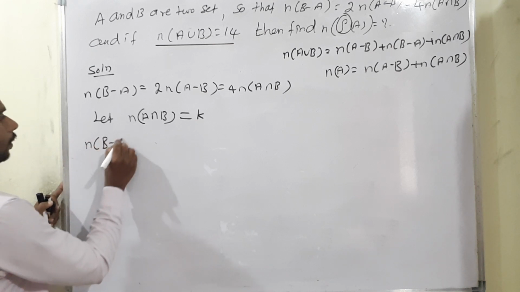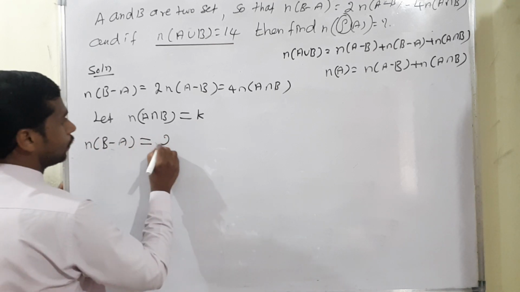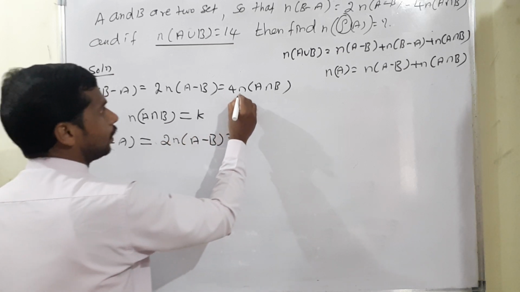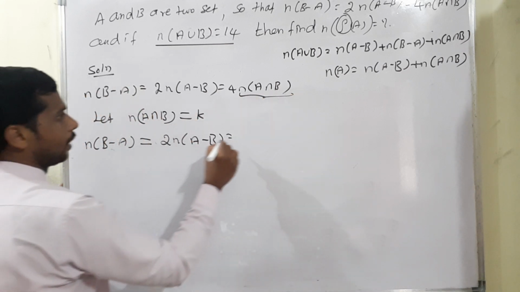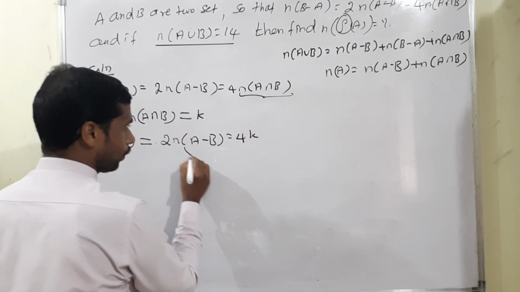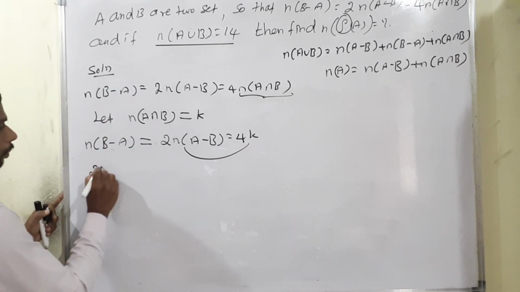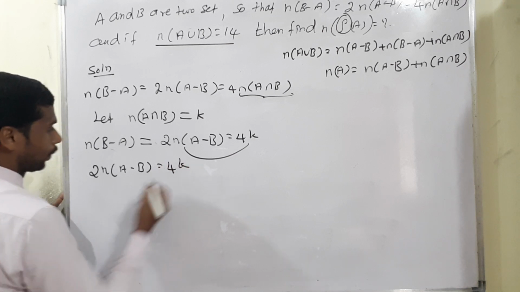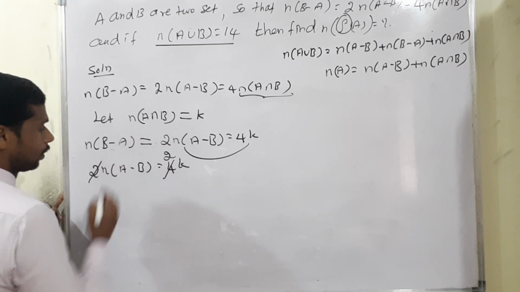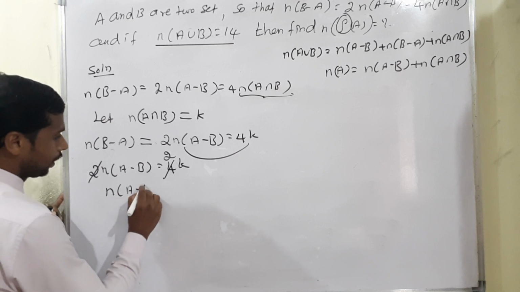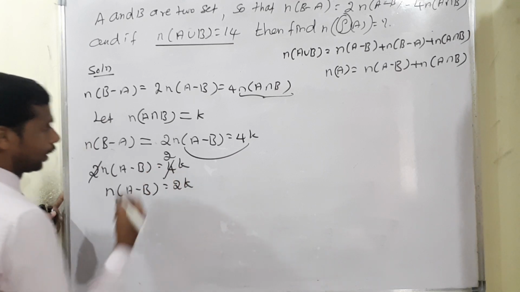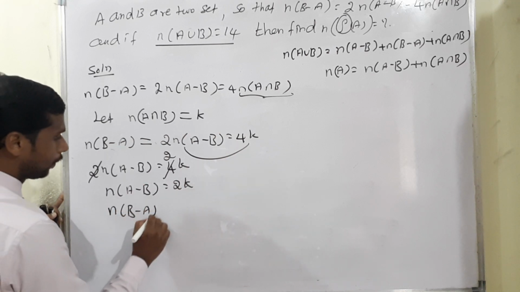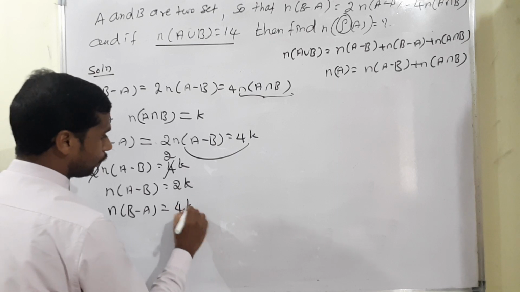Number of B minus A is equal to two times number of A minus B, is equal to 4 times K, therefore we can write 4K. Just equating second and third: two times number of A minus B is equal to 4K, and 4 is how many times of 2? 2 times. Therefore, number of A minus B is equal to 2K. Another one, first and last equating means number of B minus A is equal to 4K.